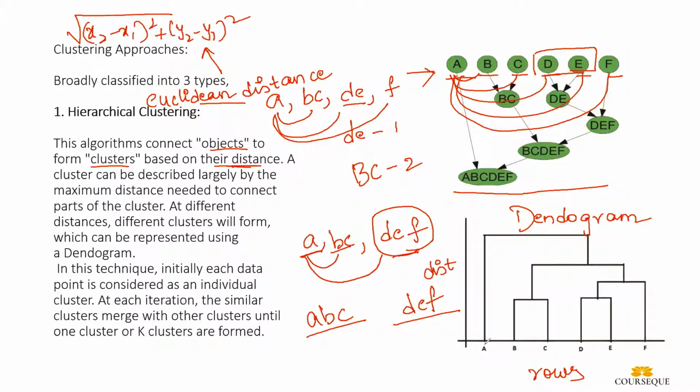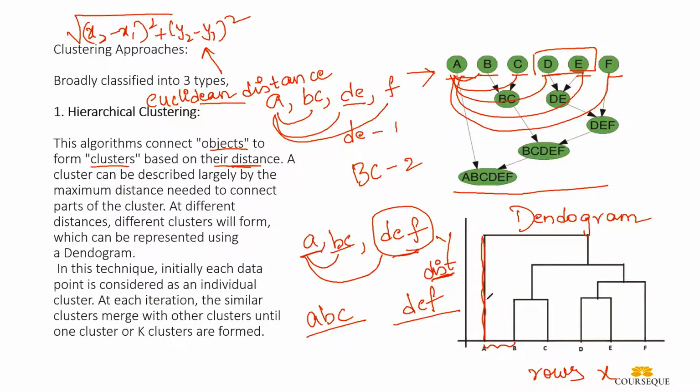Now say A and B, the distance between A and B is this. So the respective distances on y-axis and all the data points on x-axis is what a dendrogram is. The height of the link is the distance between 2 records, guys. This is the distance between 2 records.